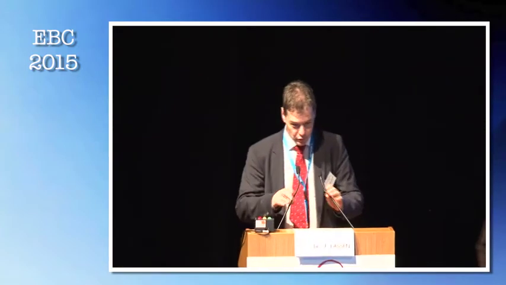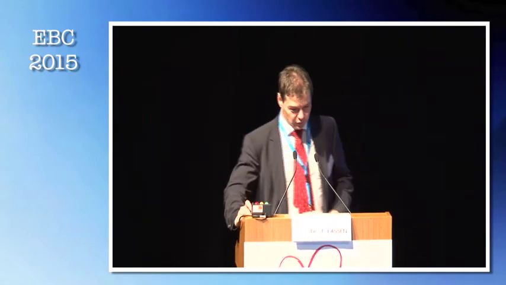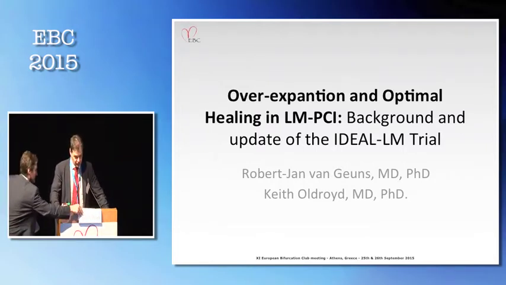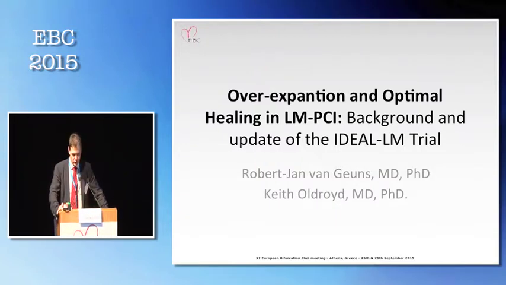Thank you, Jens. It's a beautiful introduction. Let me see my slides, because they go on exactly where I think you were ending, on how we are going to approach left main, which is, I think, sometimes the most difficult bifurcation to talk about. I'm going to combine some of my results we just discussed earlier and then go into the ideal left main trial.